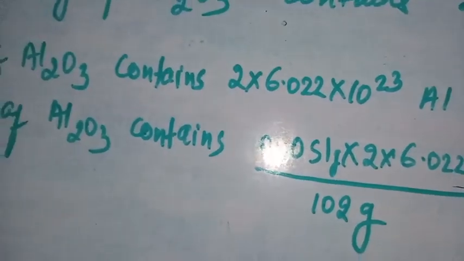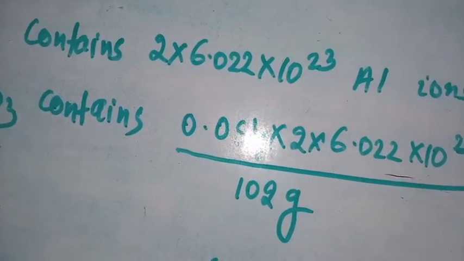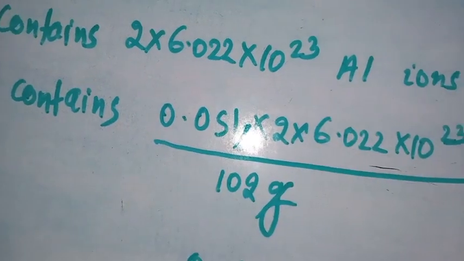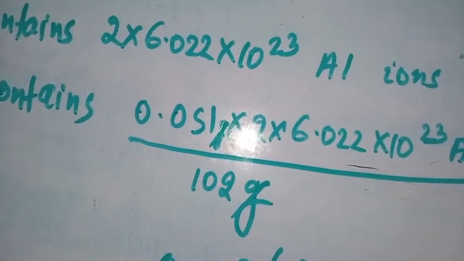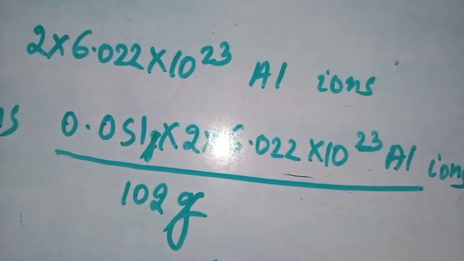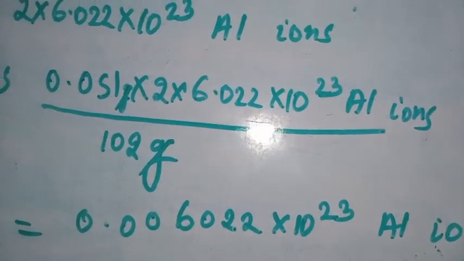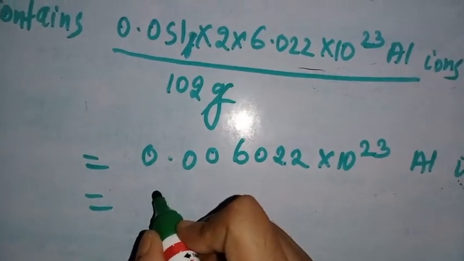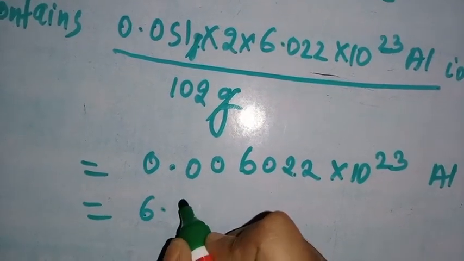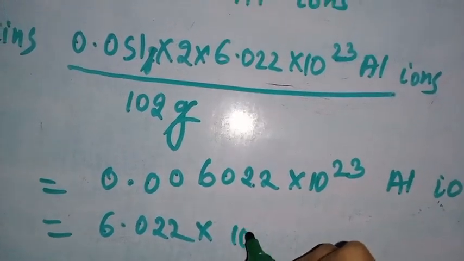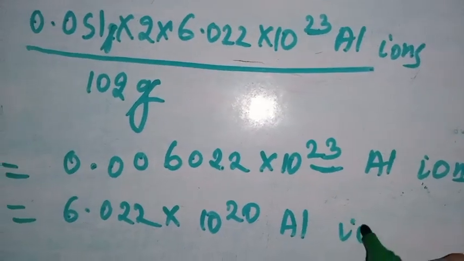We simplify and get 0.00602 into 10 to the power 23 aluminium ions, which can be written, if we shift the point after 3 values, as 6.022 into 10 to the power 20 aluminium ions.